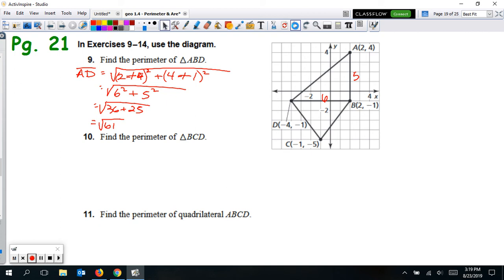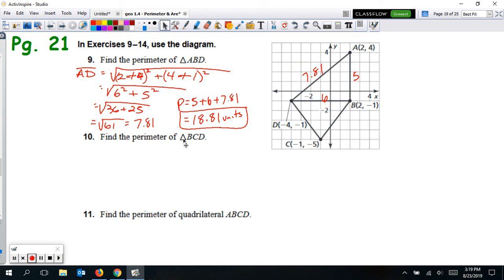That's usually the best. If it doesn't say anything about decimal places, just default to 2. So that means that this now is 7.81. Now we can just add up those 3 sides. The perimeter is going to be 5 plus 6 plus that 7.81, and that all adds up and equals 18.81 units. So there's our answer for number 9.